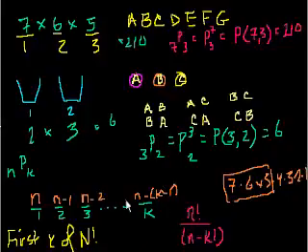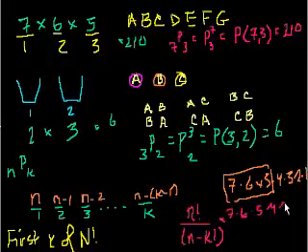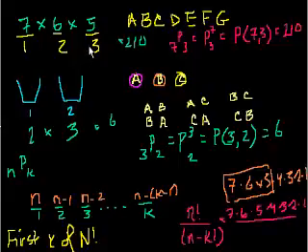Well, what's going to happen? In this case, n was 7, so n factorial was 7 times 6 times 5 times 4 times 3 times 2 times 1. And then what was n minus k factorial? Well, in our example, k was the number of spots, and there were 3 spots. So 7 minus 3 is 4.